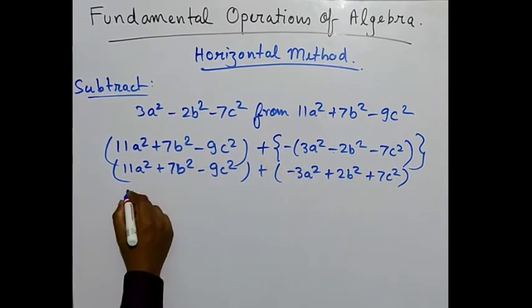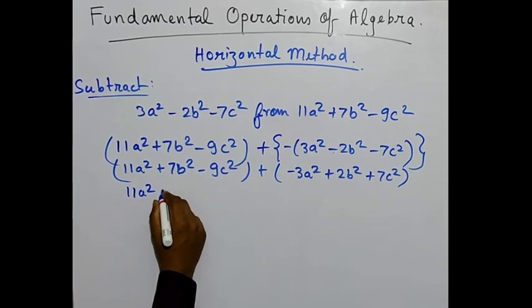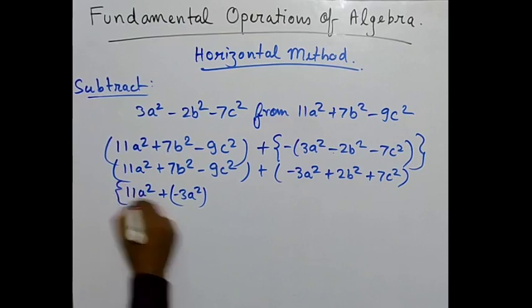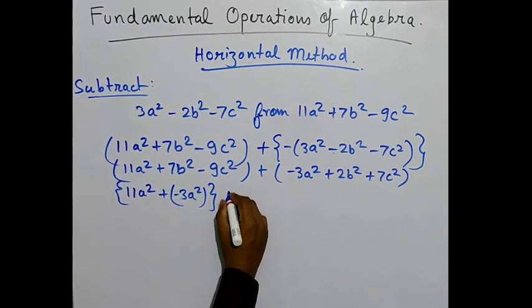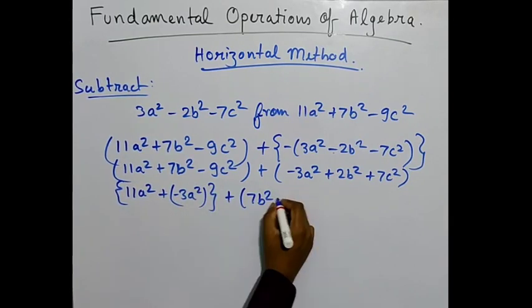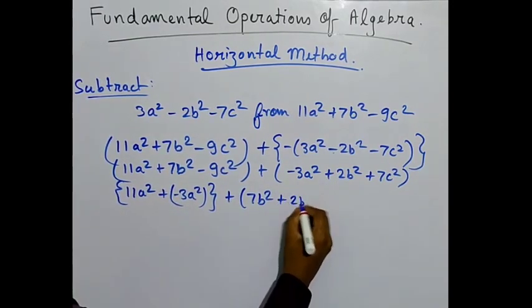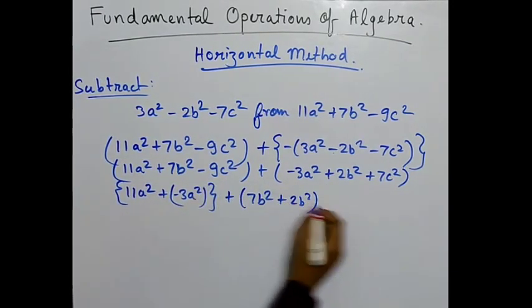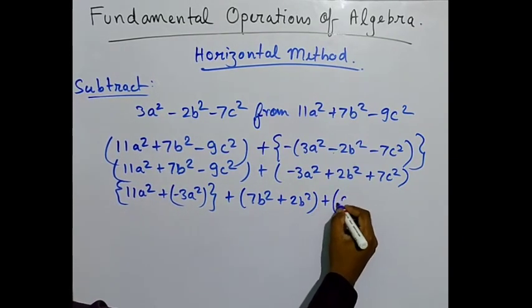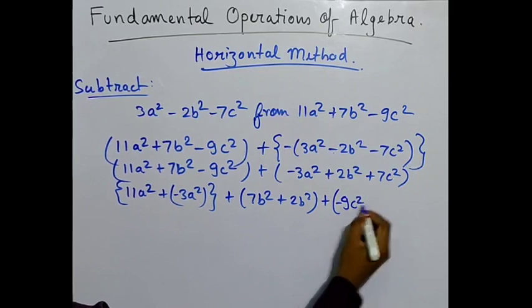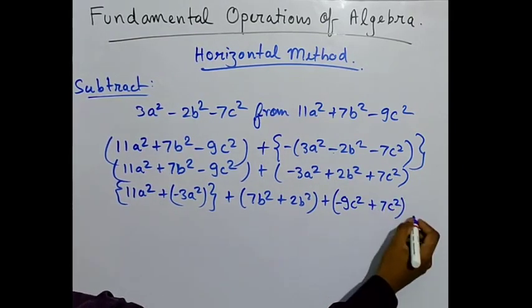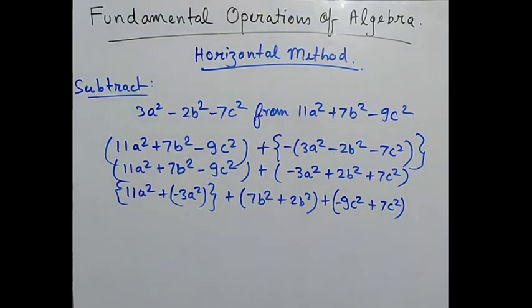Bring the like terms together. So 11a square plus negative 3a square, then plus 7b square plus 2b square, then plus we have negative 9c square plus 7c square, right?